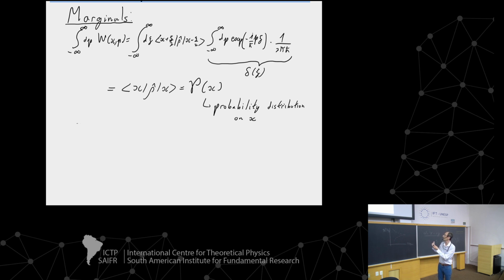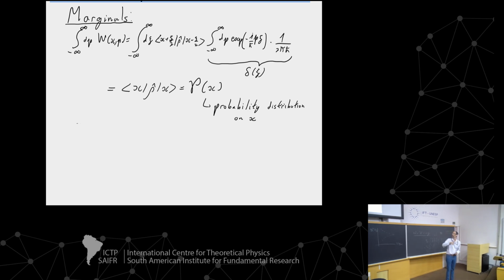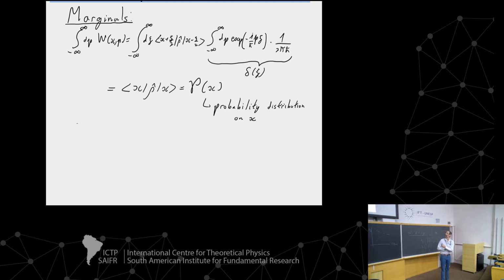And now this is really a probability distribution, positive, limited, integrates to 1, and that's really the probability of getting x when you make a measurement over your problem.